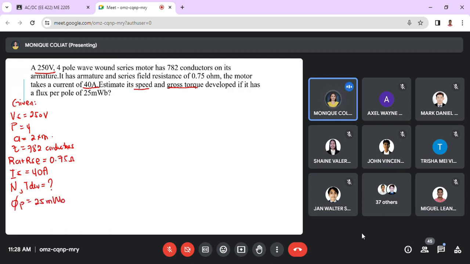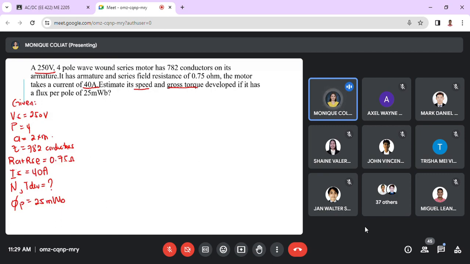Okay, so, paano ito kukuhanin? Do you have any idea? So, ito muna natin ang circuit. Series motor.